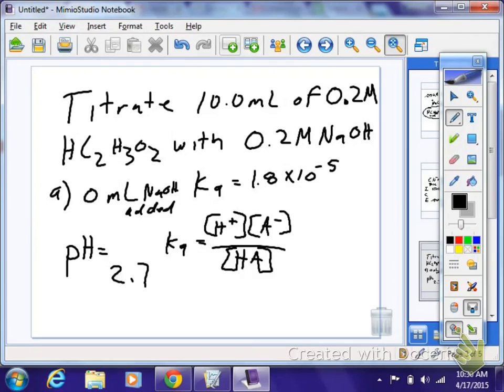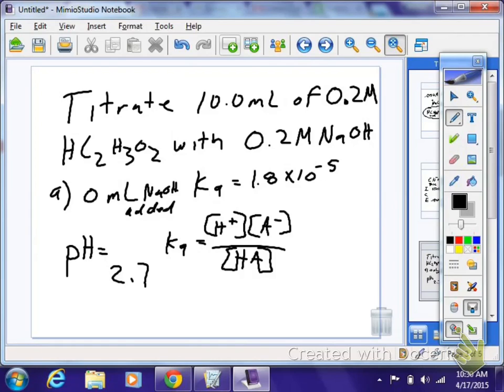Since it's a small constant, you're going to put 0.2 molarity down here. Up here, you're going to put x times x, or x squared, equals the 1.8 to the minus fifth. So then you take 1.8 to the minus fifth times 0.2, take the square root of it, and you get an answer: 0.001897.